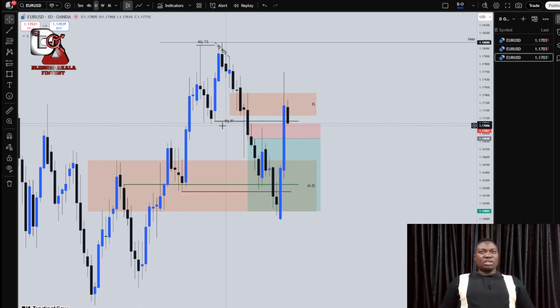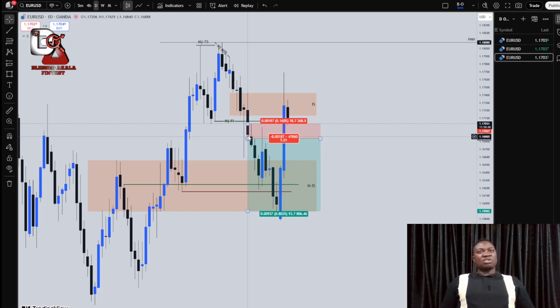And that's one thing about a mitigation block. If we have a mitigation block, whatever that mitigation block is doing, we're supposed to notice immediately after the mitigation block is giving us some kind of reaction within that level.